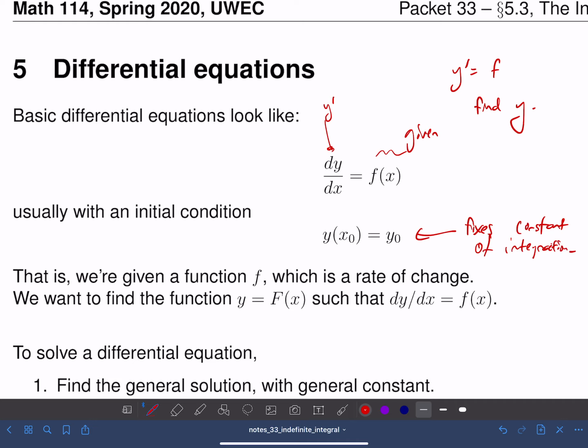And when I say fixes, I mean determines the value of. Because it wasn't broken. So we're given f, a rate of change, and we want to find y equals capital F such that dy dx equals f. We're literally just integrating. That's all we're doing.